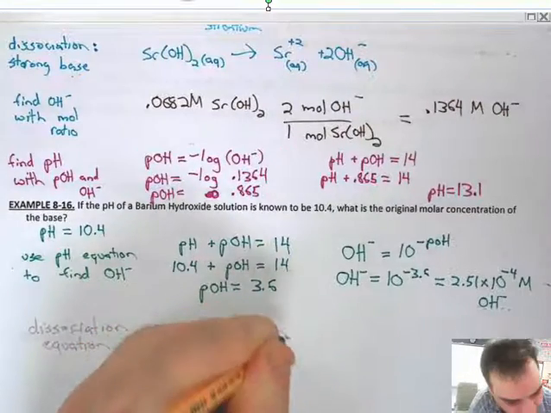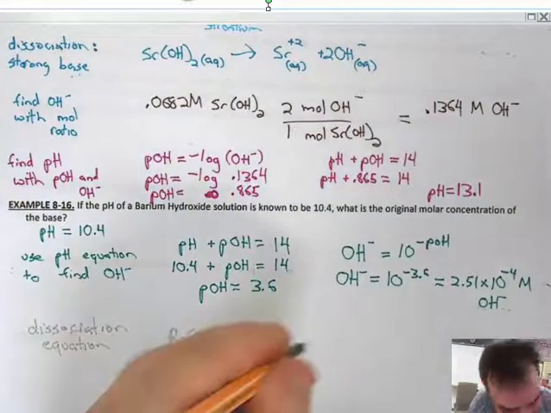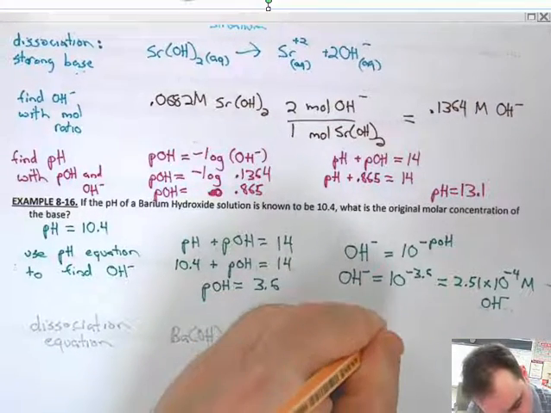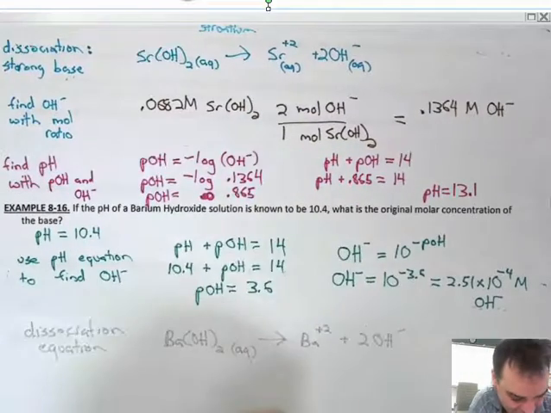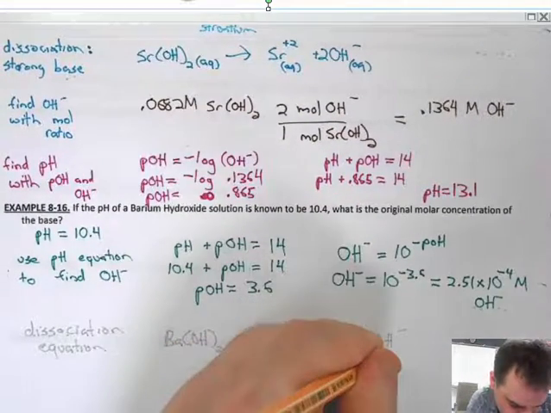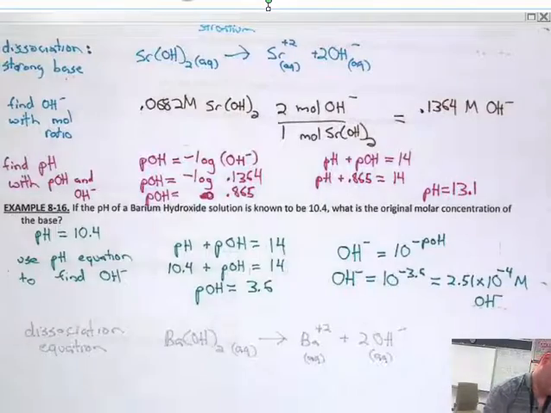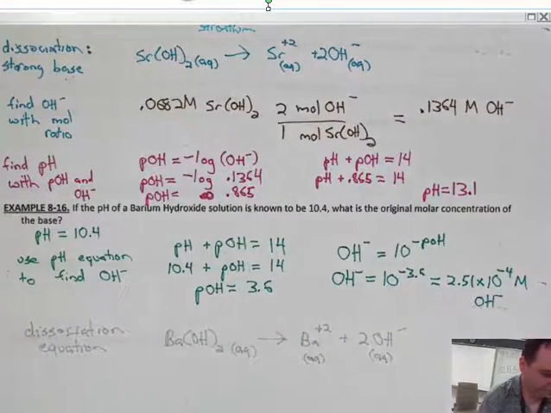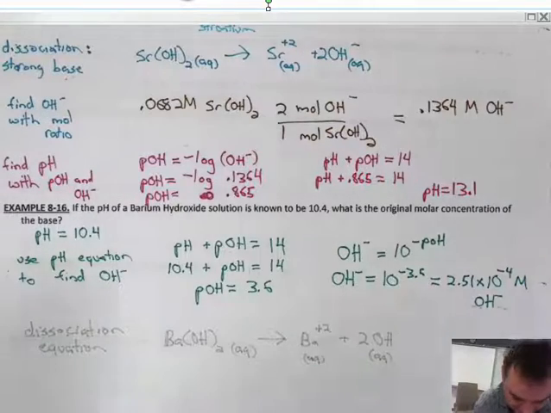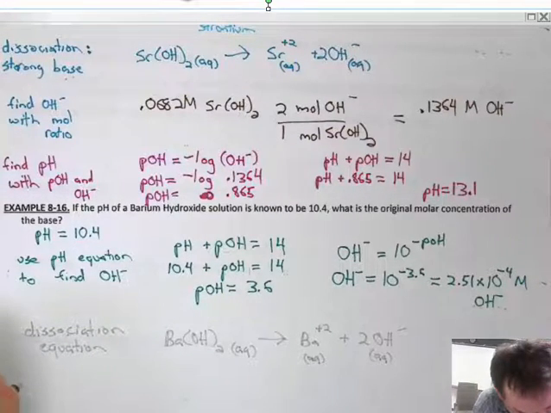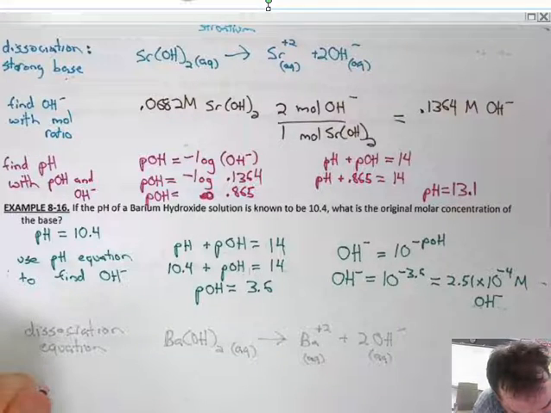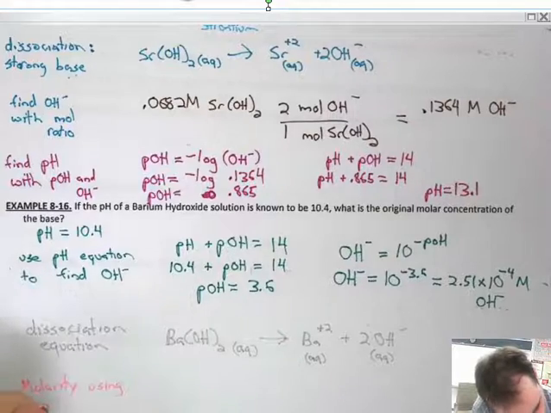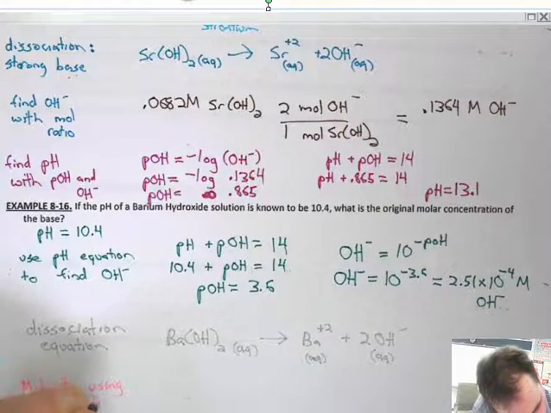This is one of those tricky ones, those tricky strong bases, because it goes to barium ion and 2 hydroxide ions, aqueous and aqueous. Okay. Because now we're going to find the molarity using mole ratios. Now this one's a little tricky here.